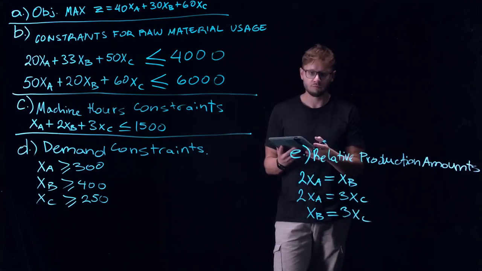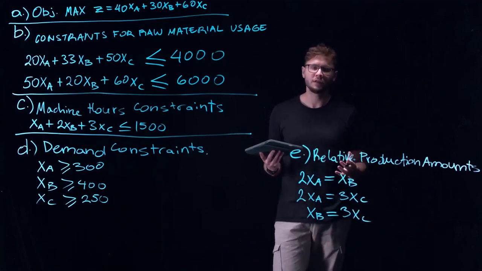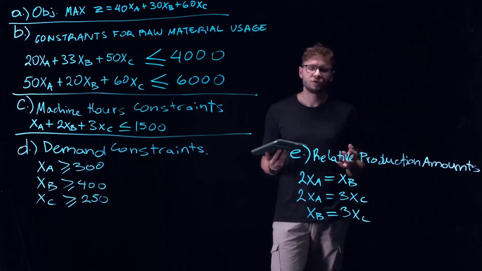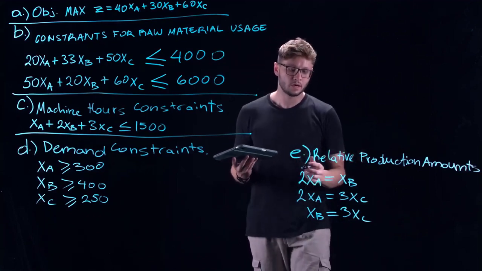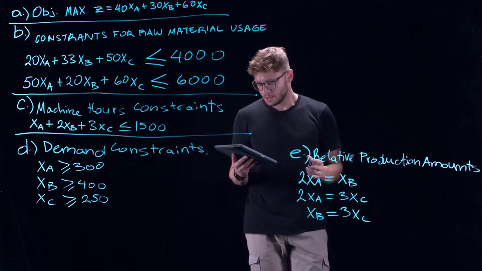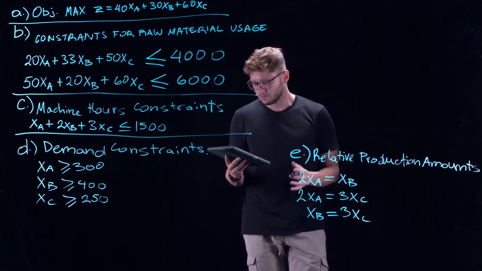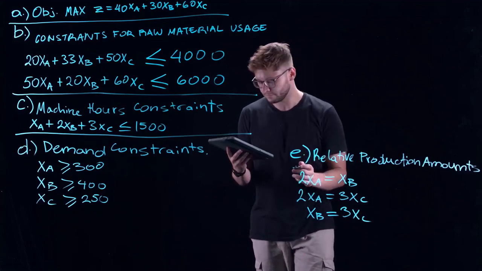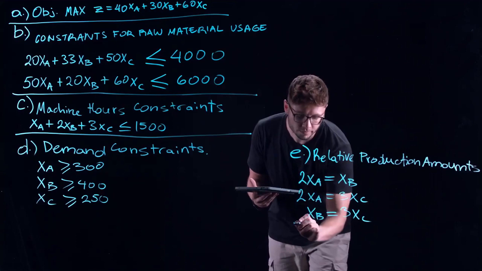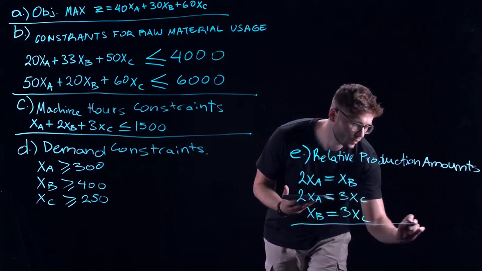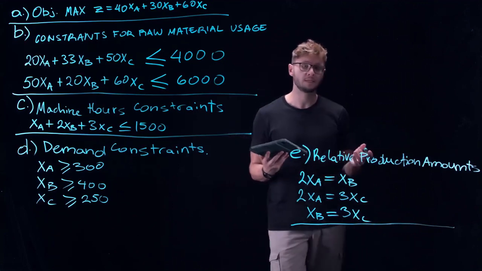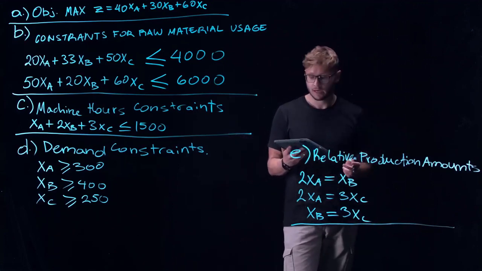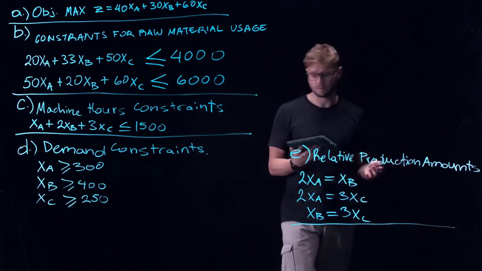Finally, we're asked to add some non-negativity constraints, as you do with all optimization models, or most, until you get to some more complex stuff, in order to avoid xa, xb, and xc taking on negative values, as we cannot have negative amounts of units, right?